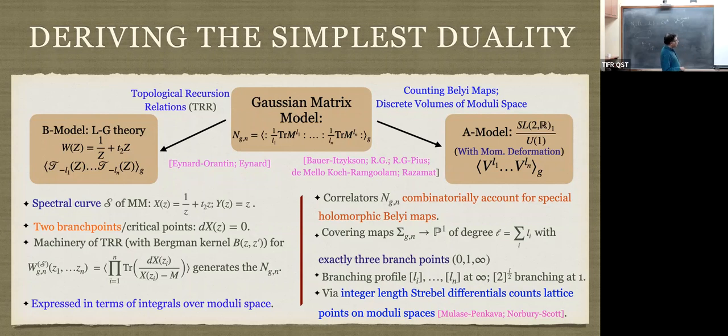I'll just be very brief here, but I can say more later. But I'll give you the basic idea. So as I said, now that we have strong evidence that these set of numbers are the same as these set of numbers, how do you show that they are the same? And how do you make it manifest that they are equal?